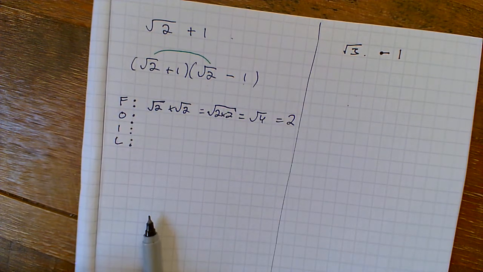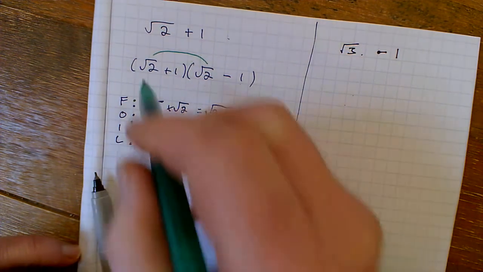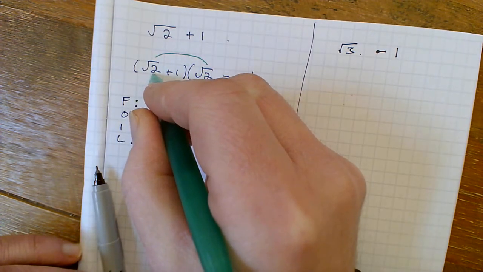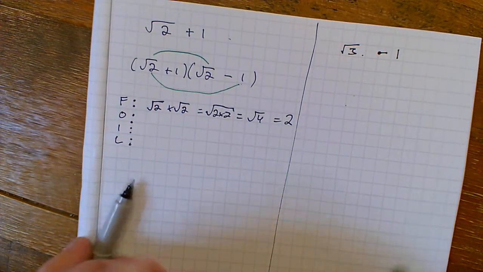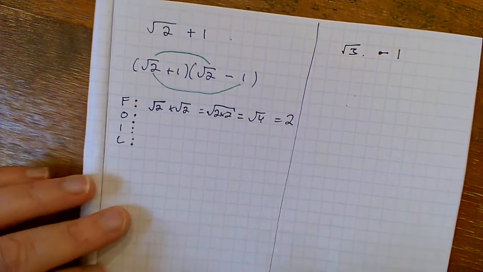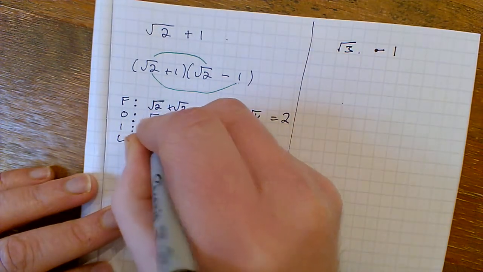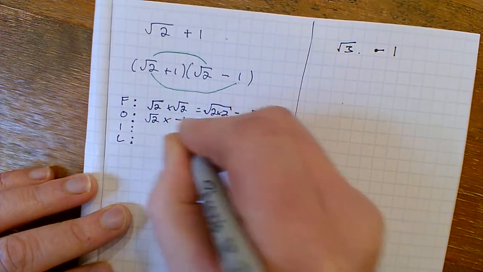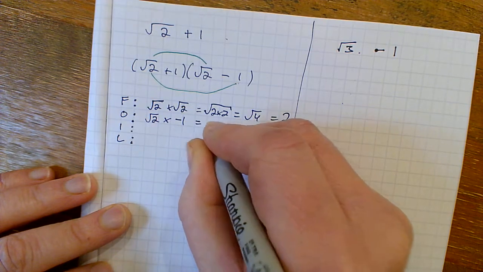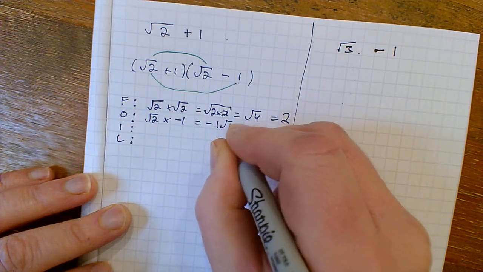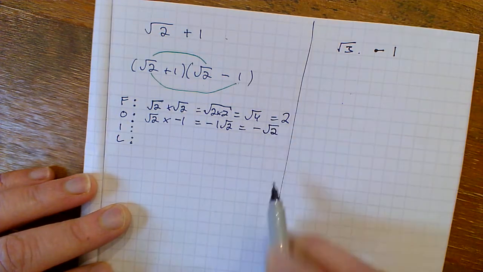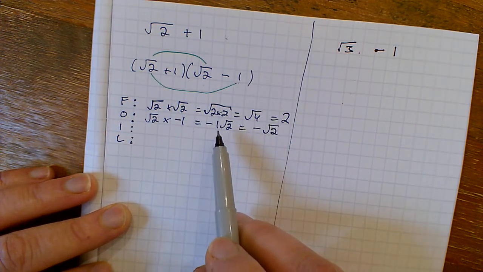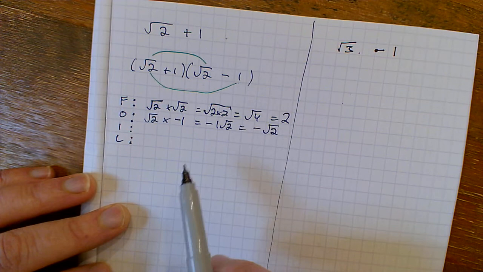Outers is the two outer terms. So that means this one here and that one here. So it's root 2 multiplied by negative 1, which is negative 1 root 2, and we would just write negative root 2 because we never really write 1 times anything, don't need to.